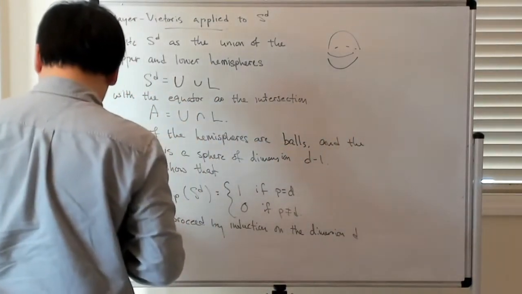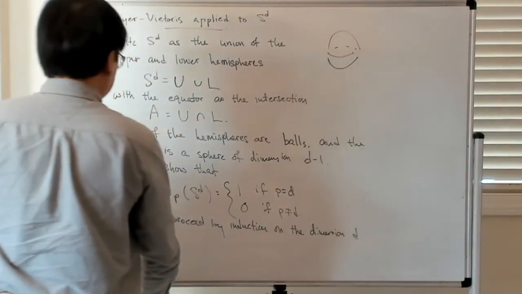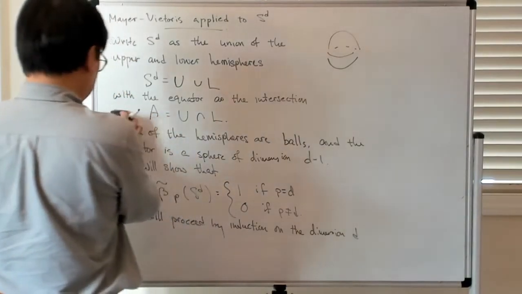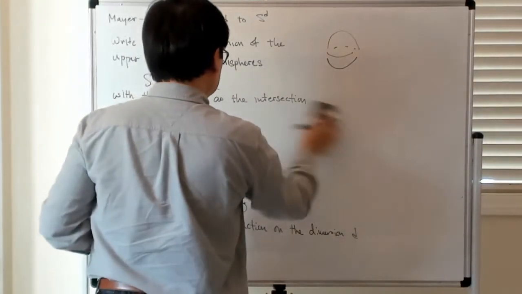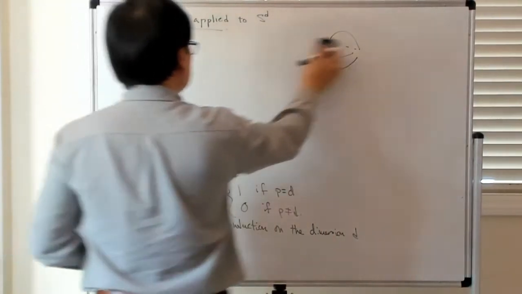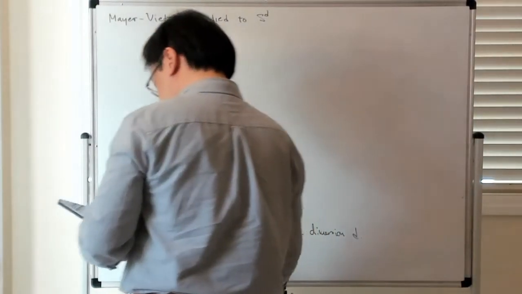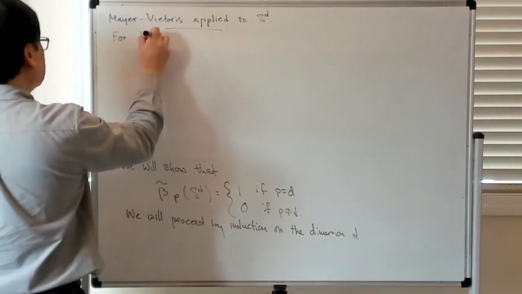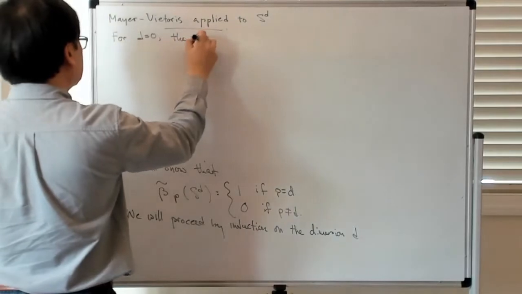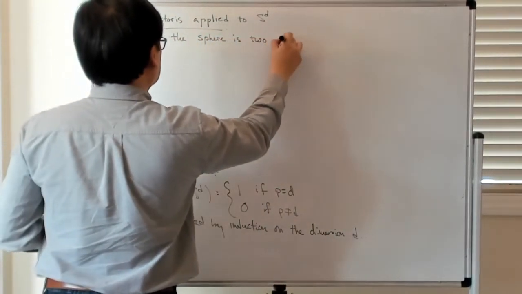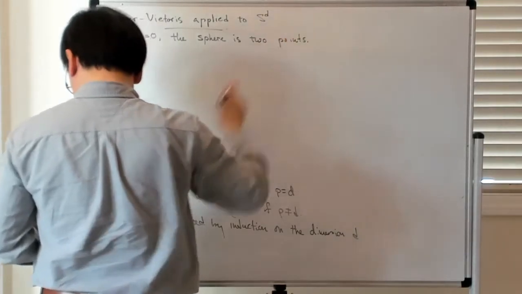All right, so let's see what happens. Let's look at the d equals 0 case. With d equals 0, the sphere is two points.